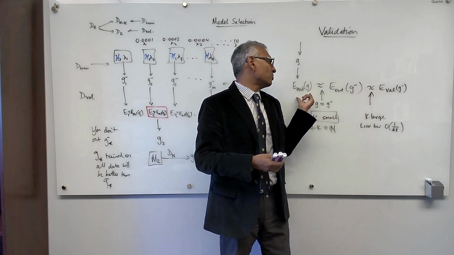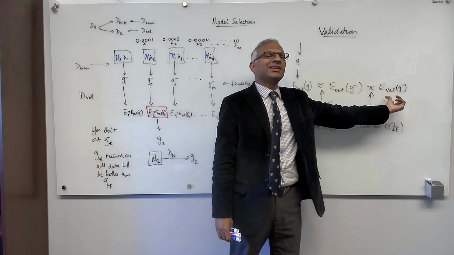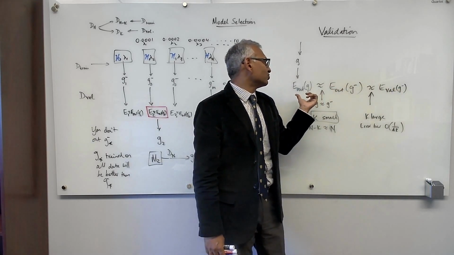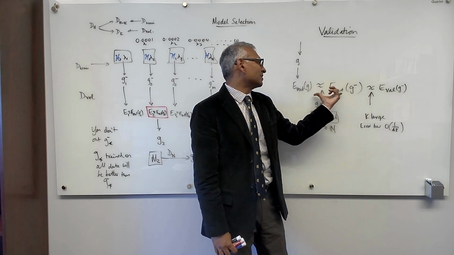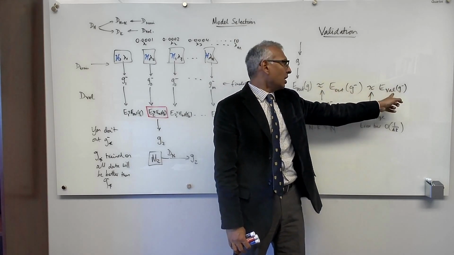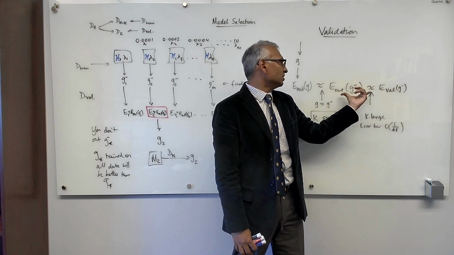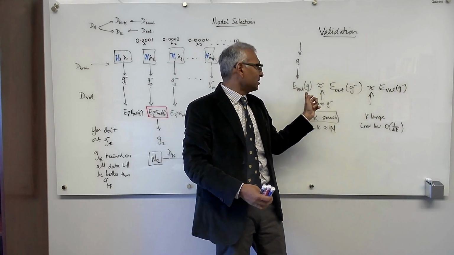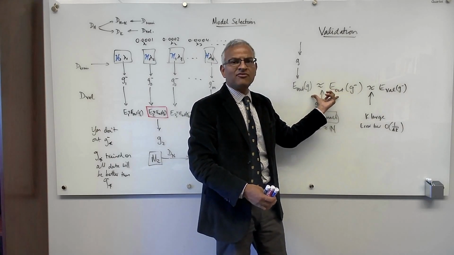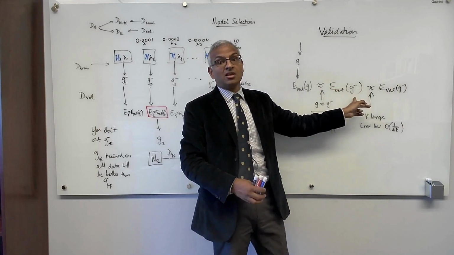If I choose K small, I get this equality, but then the validation error is useless. If I choose K large, then I don't get this equality. E val of g minus is close to E out of g minus, but who cares? I'm outputting g, so I need E out of g, and these will be far apart because g minus is really deficient if K is large.